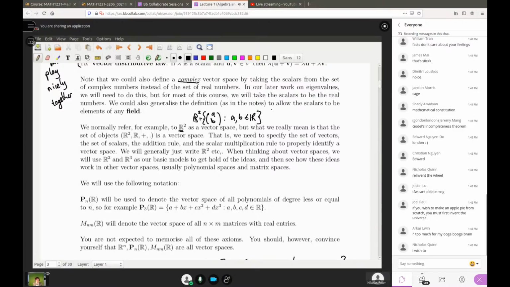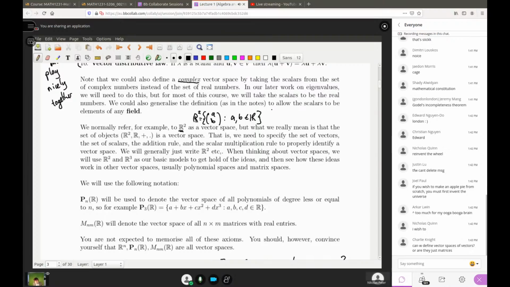That's what R2 is, the set of pairs of real numbers written in this way. When you're saying R2 is a vector space, you're going a bit further than that. You're saying, here's my set of pairs of numbers, but I'm also going to say that you're allowed to scale all this stuff by scalars. This one's the vectors. Scalars.